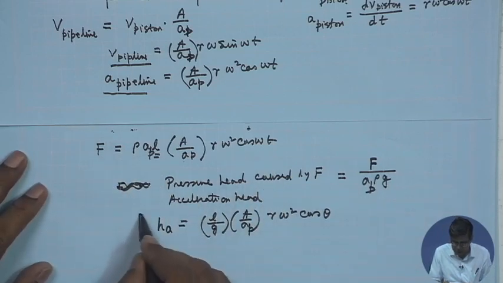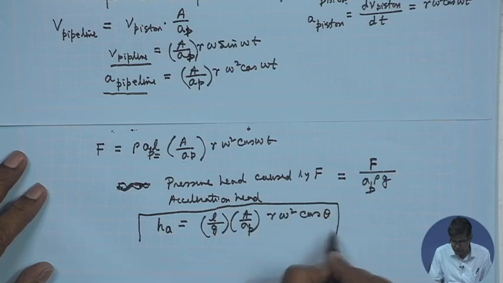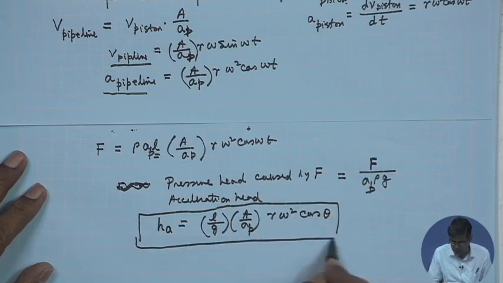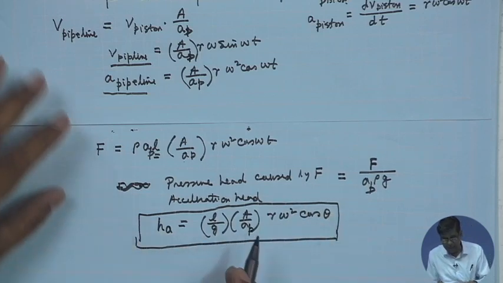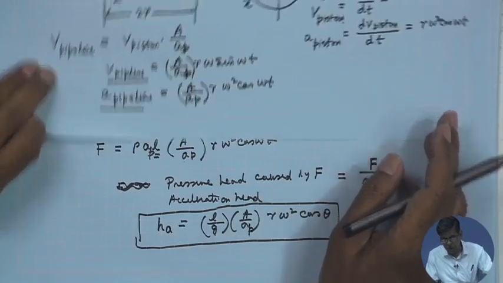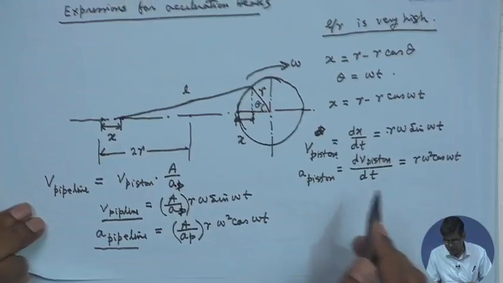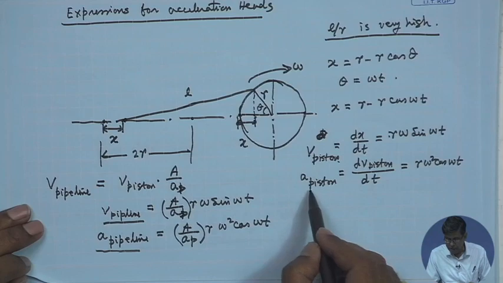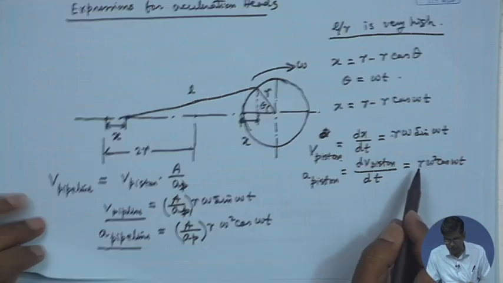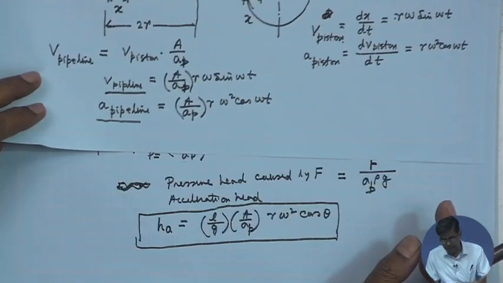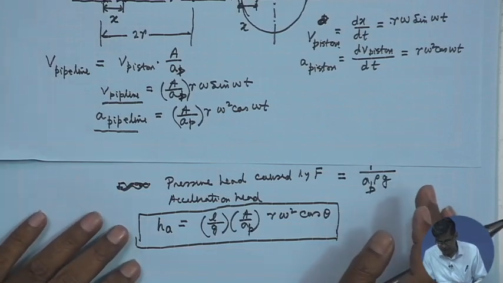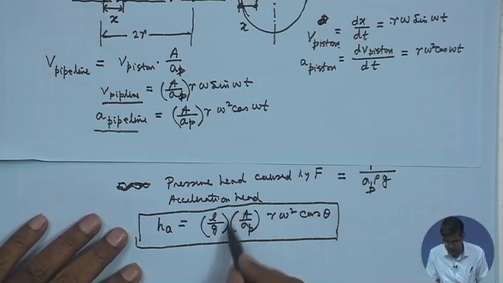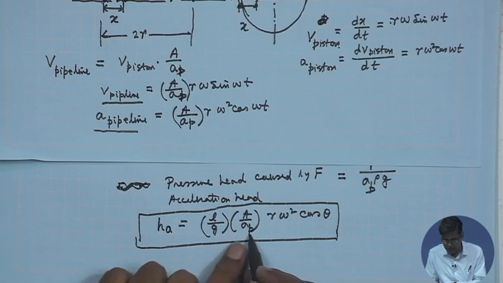This is a very important expression for the acceleration head. But usually the piston acceleration is neglected compared to the pipeline, because of the high ratio of the areas; AP is much less than the area of the cylinder.